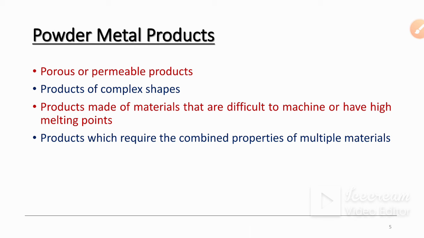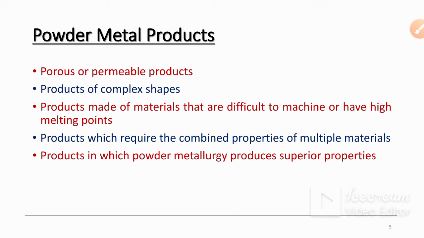So by heating and compaction the product is manufactured. Okay, so the product has combined properties, because different metals or non-metals can easily be added in these steps. So the combined properties in a material or in a product can be achieved.